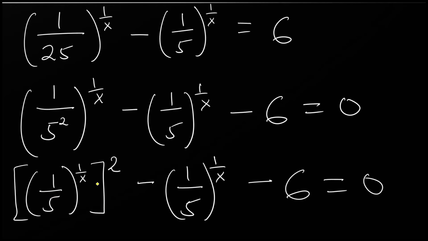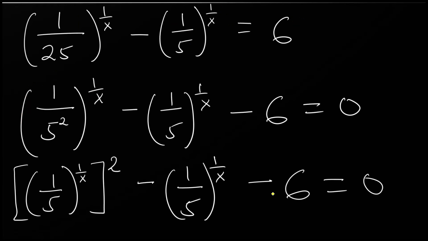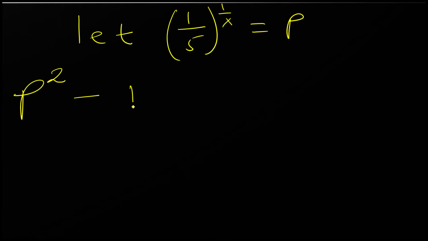So in going back, this side will be p squared minus p minus 6 equal to 0. So this one becomes a quadratic equation.